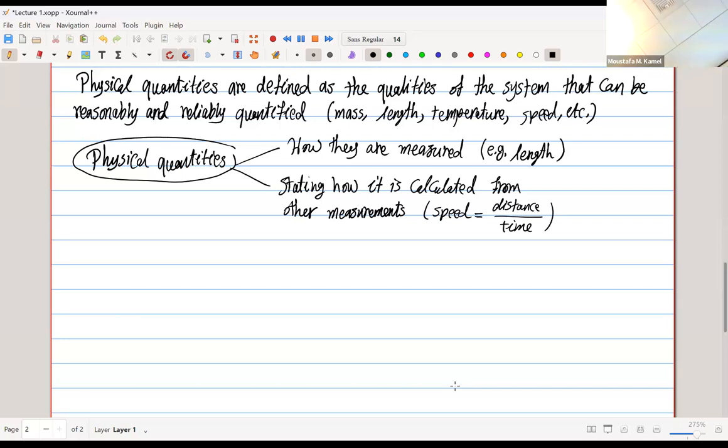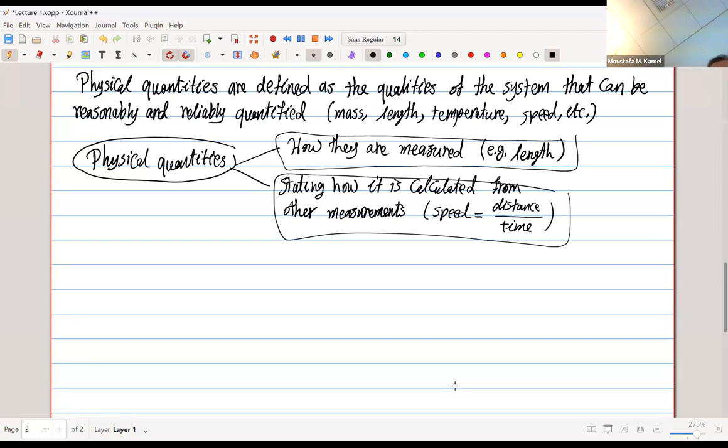And this is a description, a way of telling you, okay, get the distance, get the time, measure them separately, and then divide them by each other to get the speed. So it's not a fundamental quantity, it's a derived quantity that we define this way to assign it with a physical quality of the object. So these are the two ways we can define physical quantities.